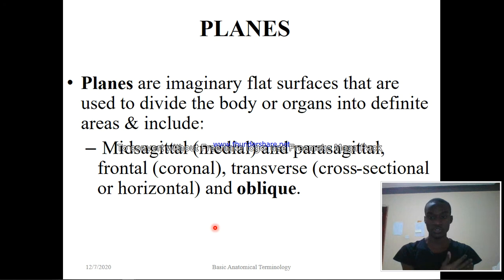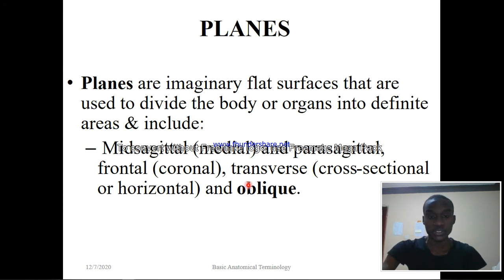Going either to the left or the right of the organism, we end up using the term parasagittal. So away from the midline, going towards the left or the right, we use the term parasagittal plane if we are imagining something away from the midline.